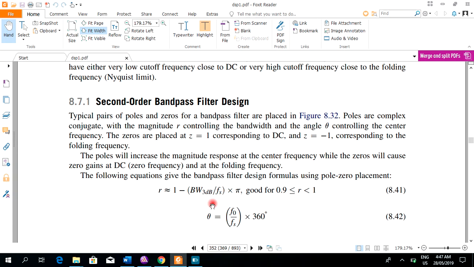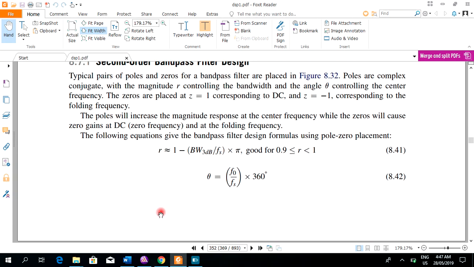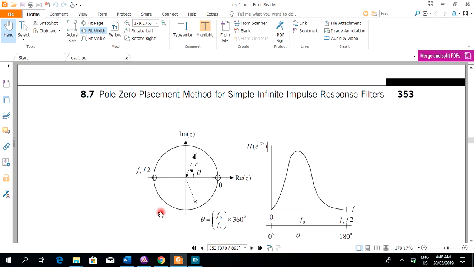So we just apply these formulas, and after implementation we will get a second order band pass filter pole zero plot like this one.